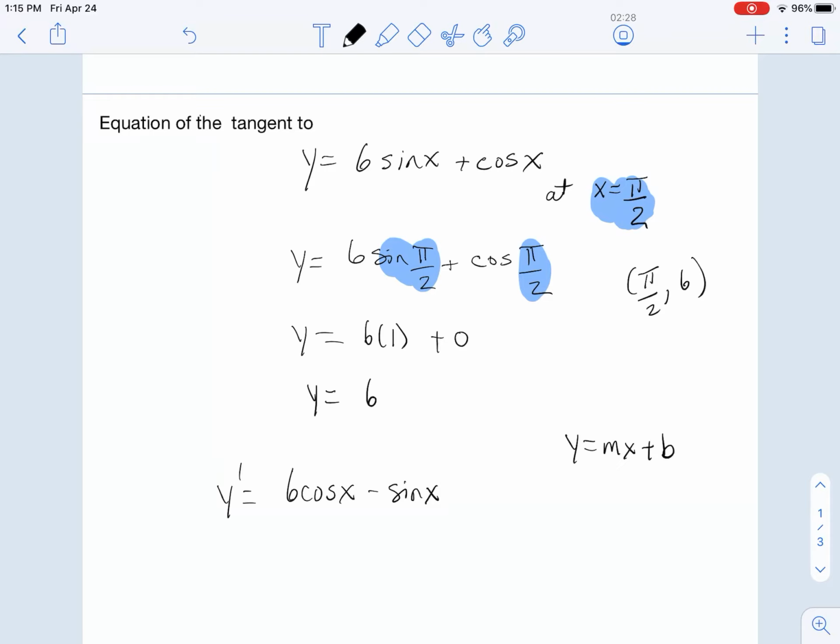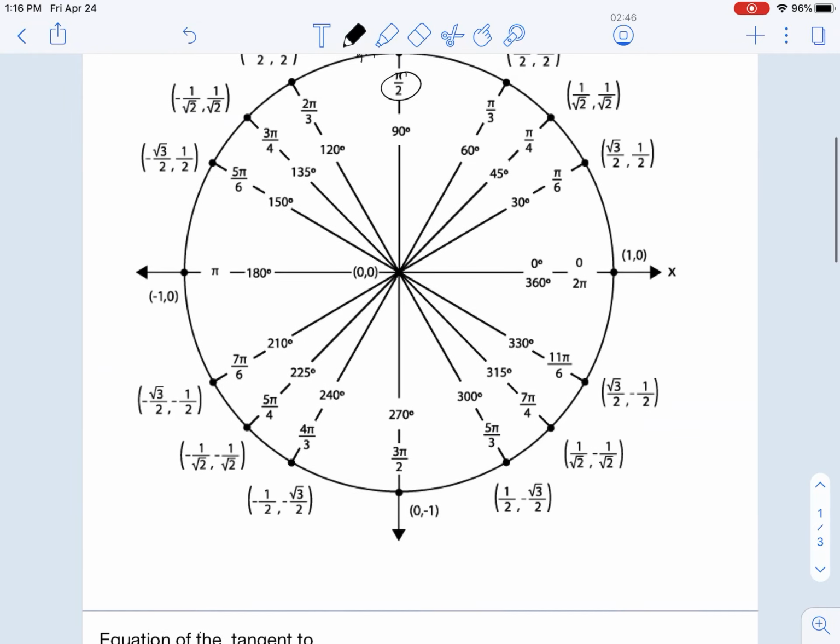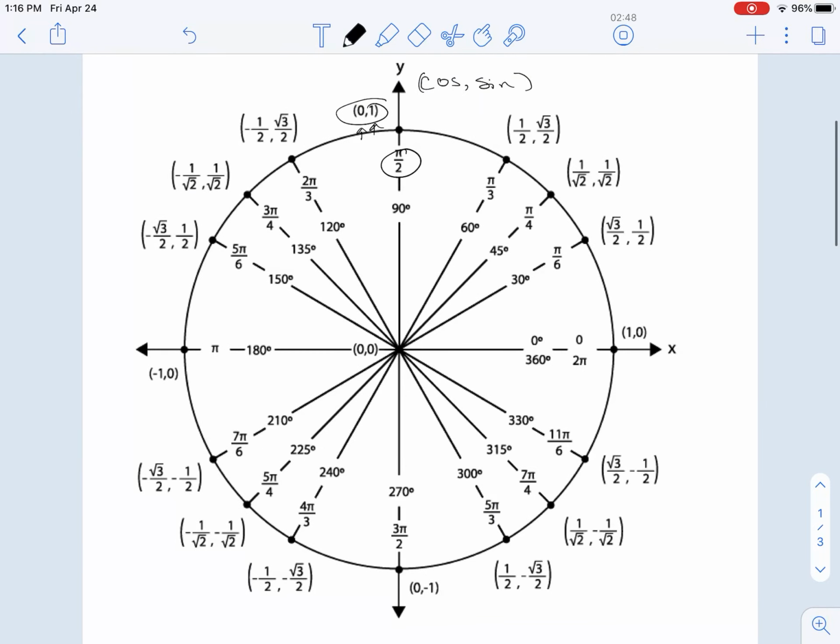So remember, we want to try and put it in the form mx plus b because tangents are lines. So again, at this point where we get our slope, we're going to substitute in that x coordinate, which would be pi over 2 that was given. So again, we can go back up to the circle.